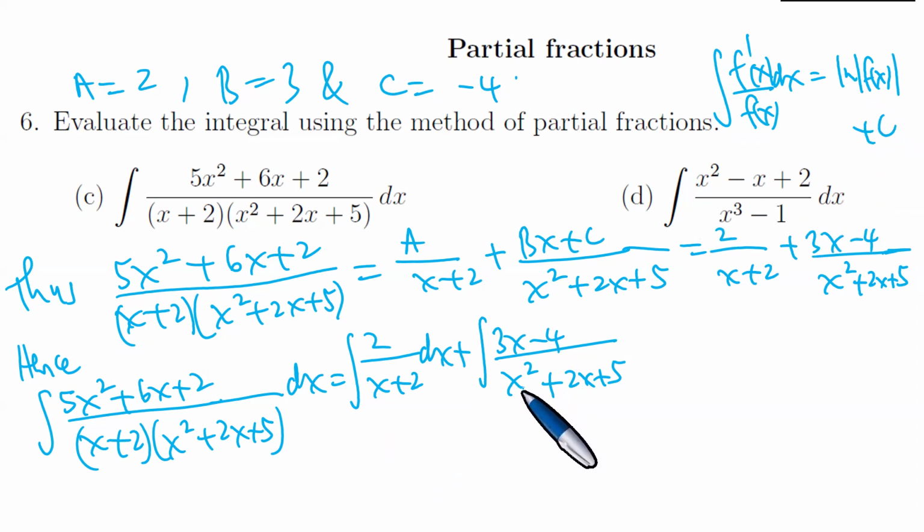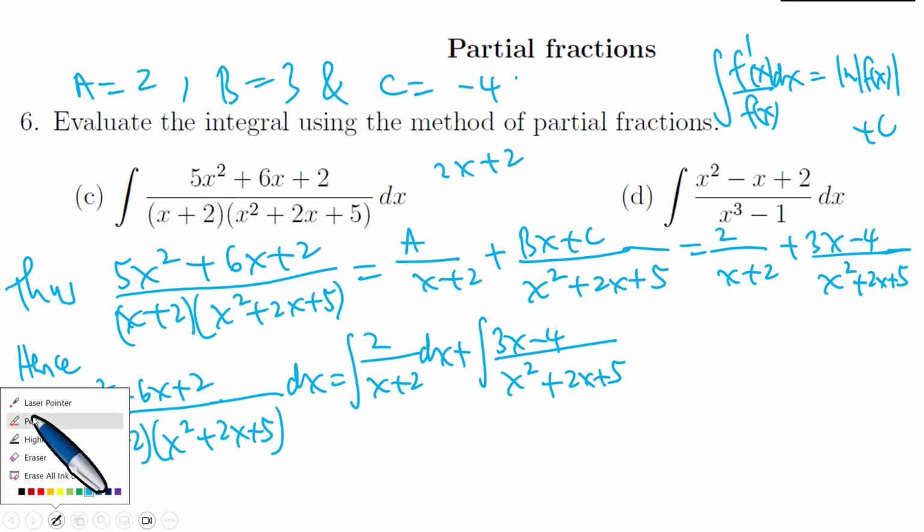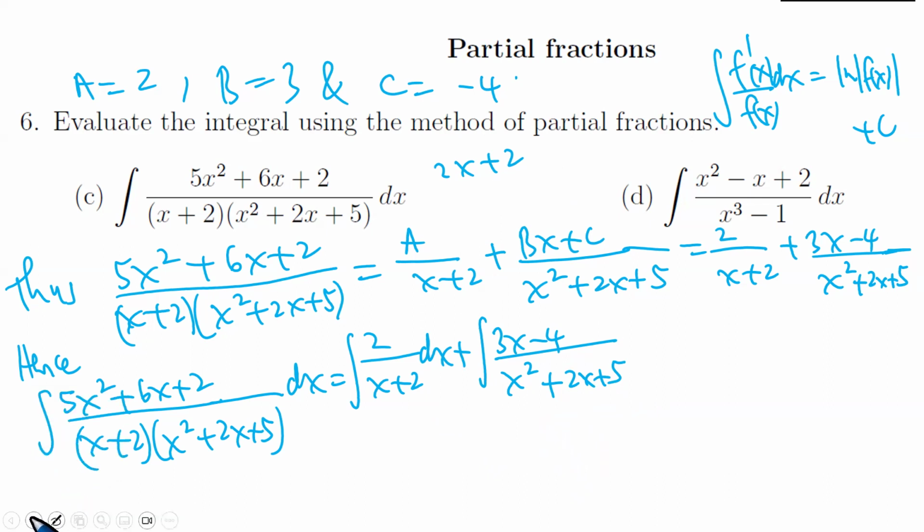Now, but what is the derivative of this? You can show that the derivative of these is related to that. The derivative of x squared plus 2x becomes 2x plus 2. And so you're able to see, therefore, that it's not exactly that. So you need to perform some extra algebraic simplification as follows.